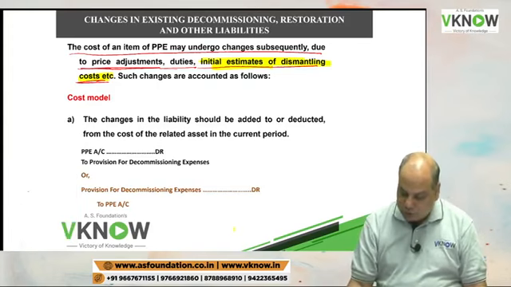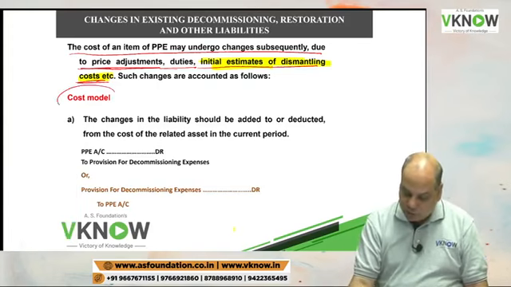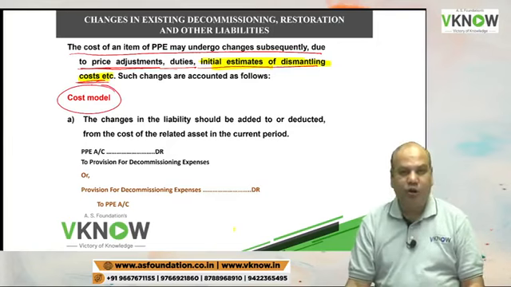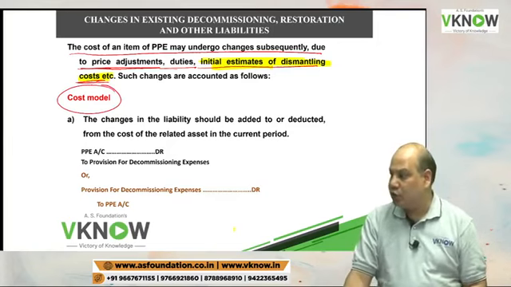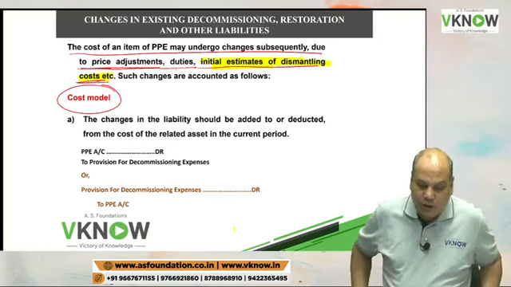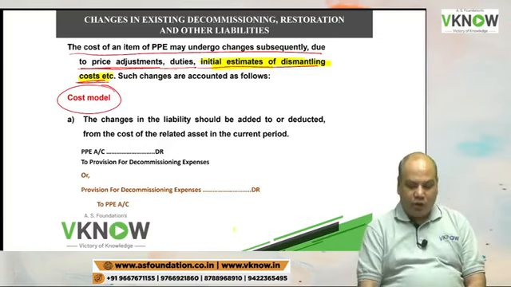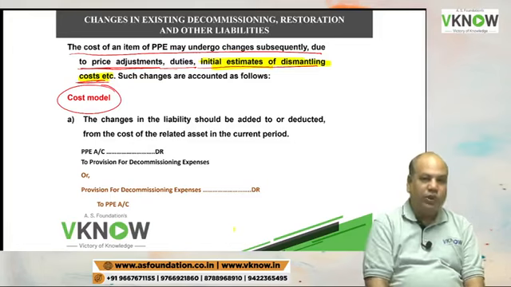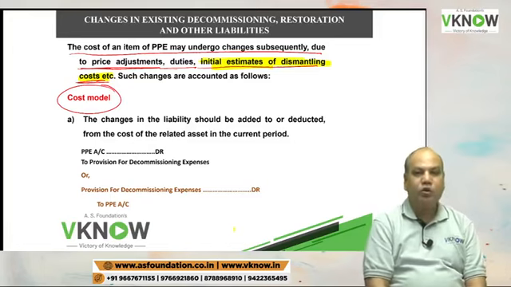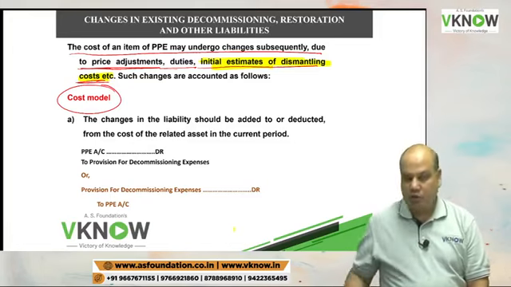For last 2 days you are learning. For accounting of PPE, a company can either follow cost model or it can follow revaluation model. AS10 has permitted two methods of accounting: cost model, revaluation model.